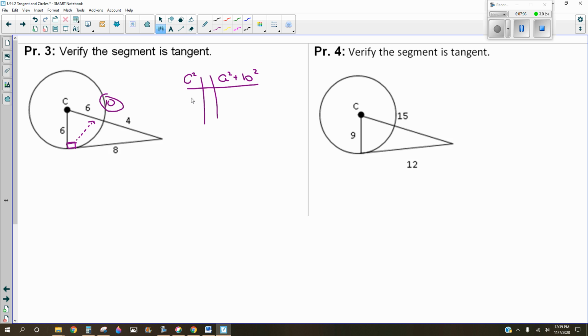C was 10. We can say this is A and this is B. It doesn't really matter what order you put those in. I have 100, 36, 64. You add those together, that's 100. They're equal. So yes, tangent.